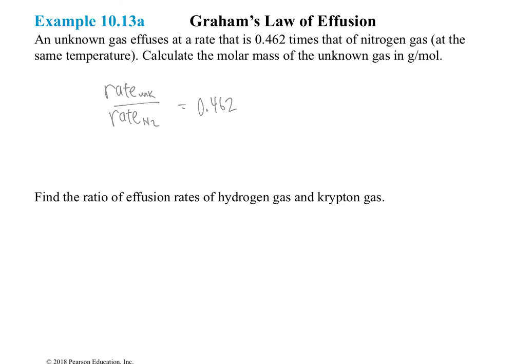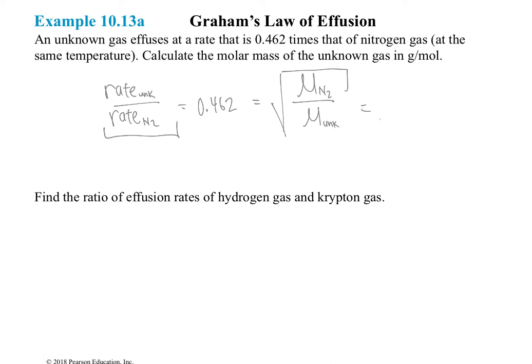At the same temperature, calculate the molar mass of the unknown in grams per mole. So that equals the square root. The reason why you have to write this out is so you know which order to put the masses. They told me the rate of unknown to the rate of nitrogen, so that means I'm going to have the mass of nitrogen over the mass of my unknown.